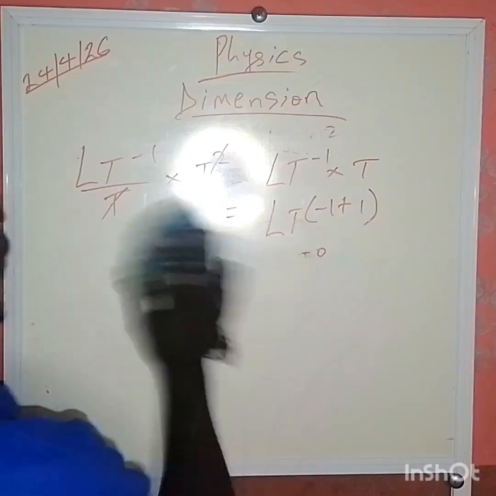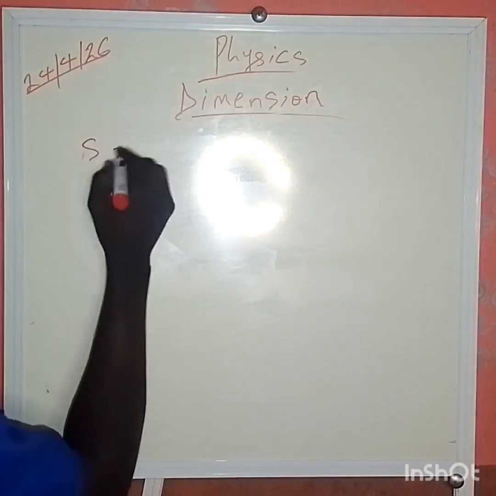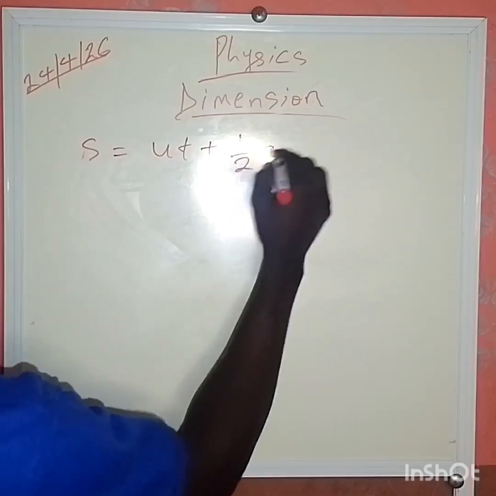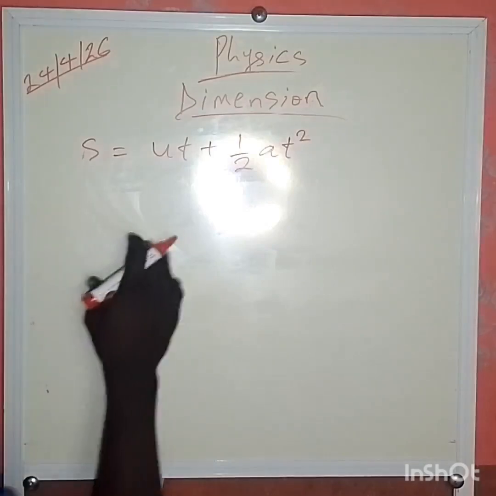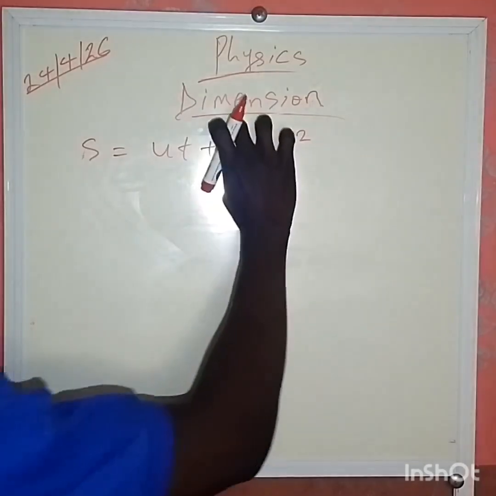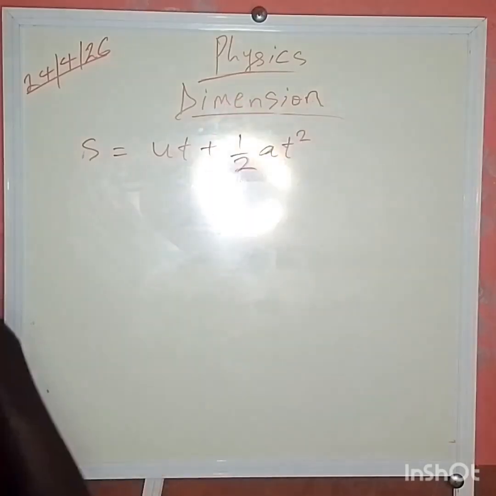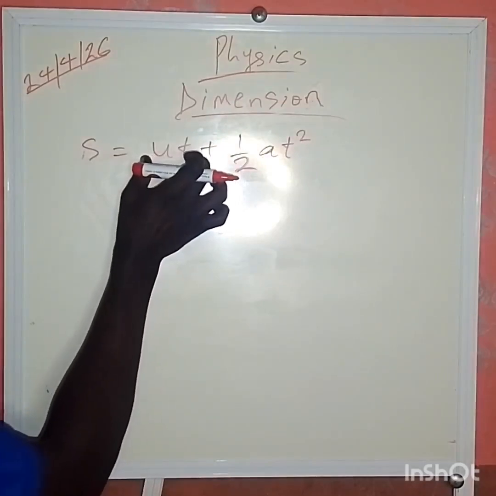So therefore, S is equal to UT plus 1 over 2 AT squared. In dimension, when you are using it to check whether the physical equation is correct, you don't look at the numbers that are there. You just work on the notation of the parameters.